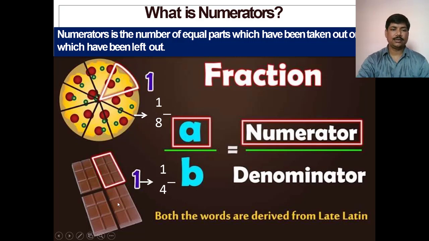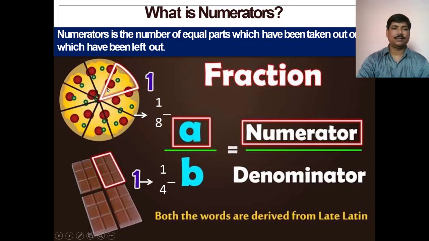In this chocolate, it is divided into equal parts and I highlighted part 1, which is the taken part, and the unhighlighted parts are left over. So the taken part is a fraction of the whole and the leftover part is also a fraction of the whole. But how can we identify which is the numerator?